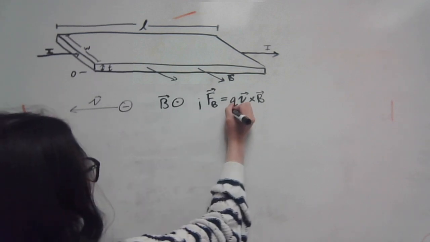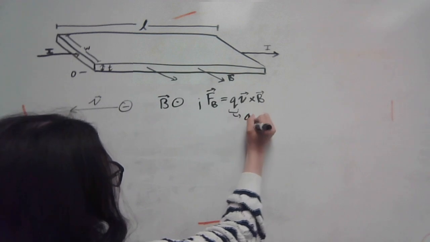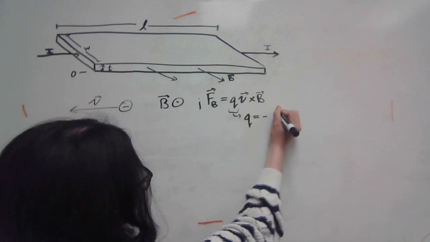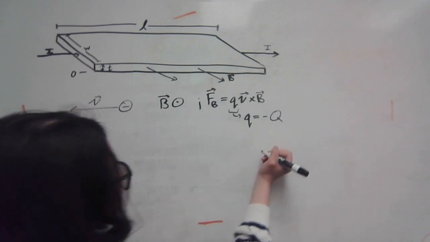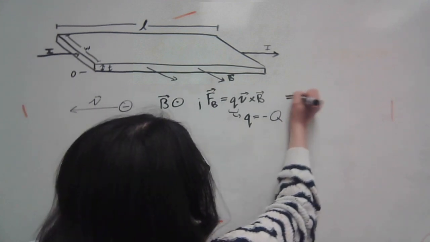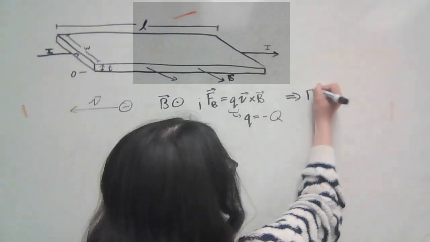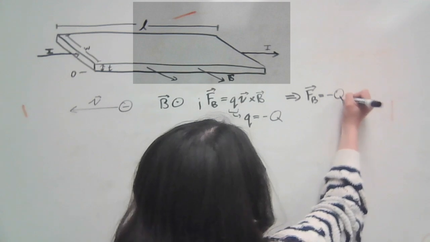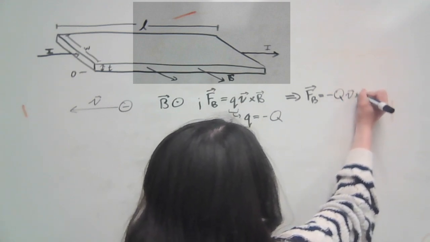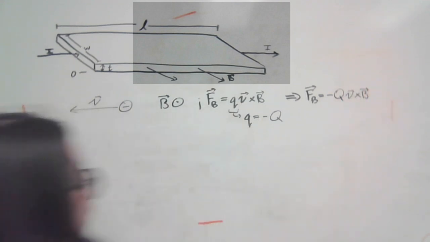So this q is actually equal to negative Q, where Q is the magnitude of the moving charges, and negative just indicates that they are negative moving charges. So we get that the force due to the magnetic field is F_B equals negative Q v cross B.